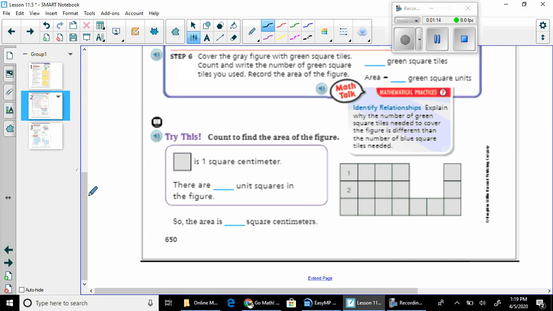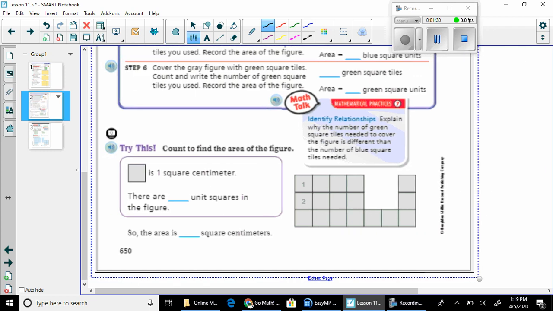So we are going to go through and count together how many tiles it used to cover this figure, or how many square units was needed, okay? So they counted the first 2 for us, so we're going to start counting here and count the square tiles together, okay?